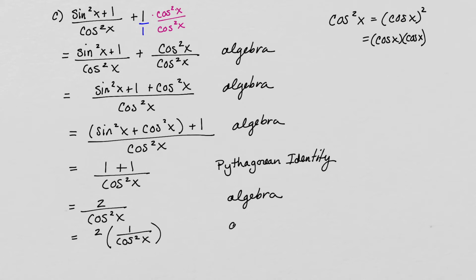And again, that's just algebra, right? You can kind of separate a fraction like that anytime that you want. And the reason that's helpful is because 1 over cosine is secant, so 1 over cosine squared is going to be secant squared. So this is 2 secant squared x, and that's because we use the reciprocal identity.